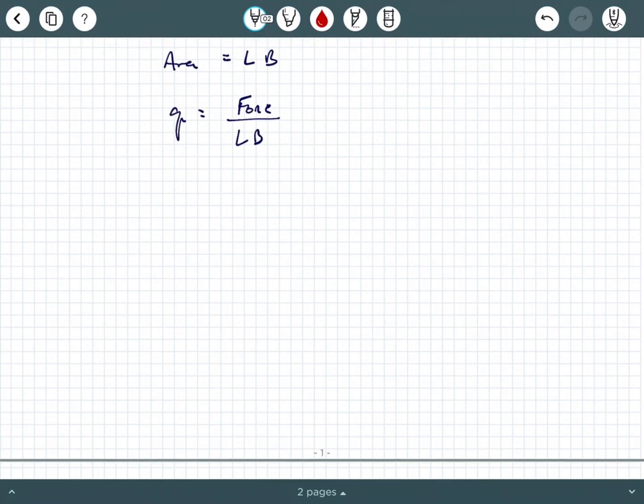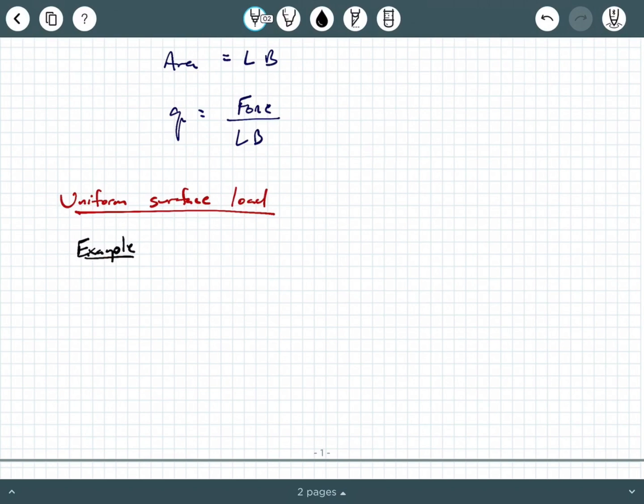We're only going to barely touch on this in this class, but let's look at the case of a uniform surface load. Okay, so a uniform surface load is the same idea as a uniform distributed load, except instead of over a line, it's over a surface. So here's what I'm going to say. I'm just going to jump right into a very quick example.